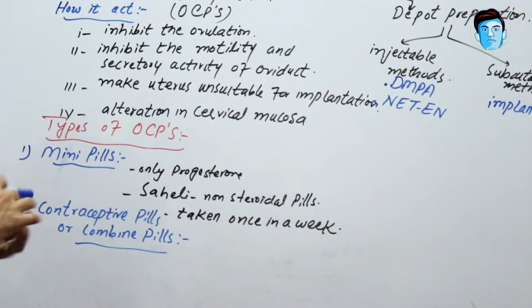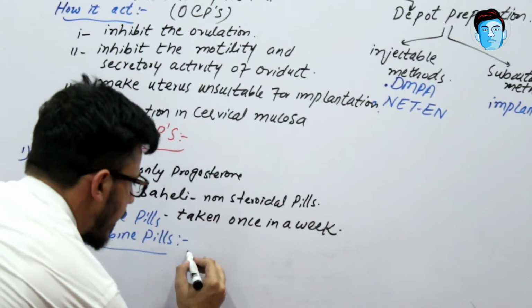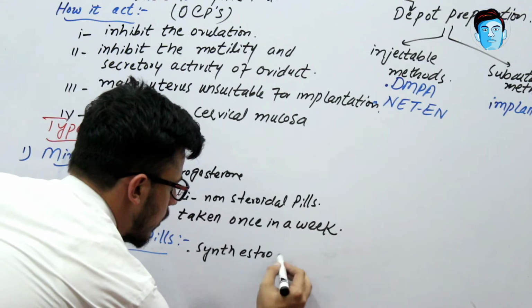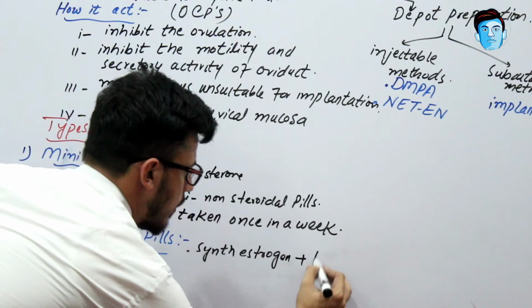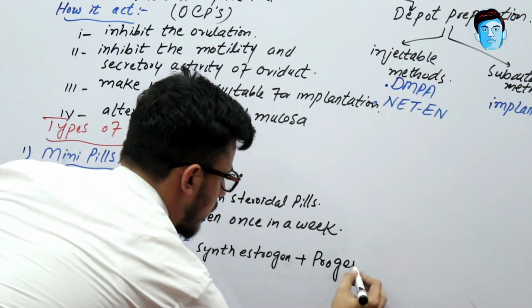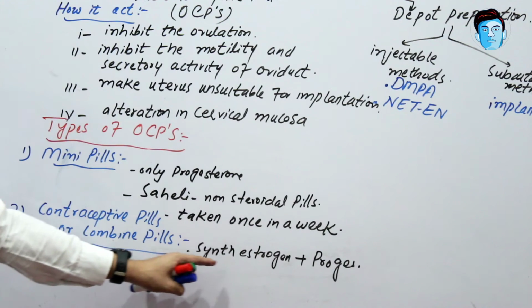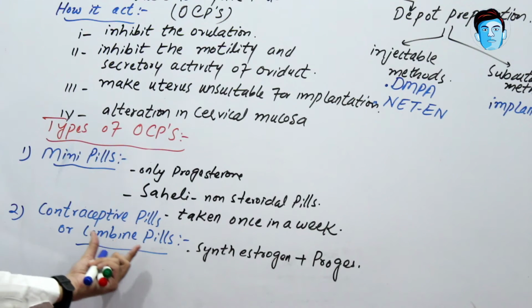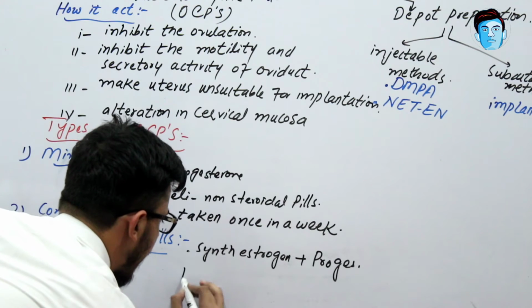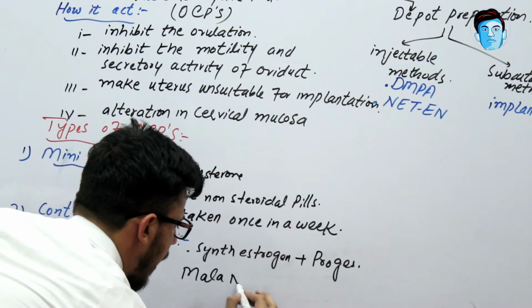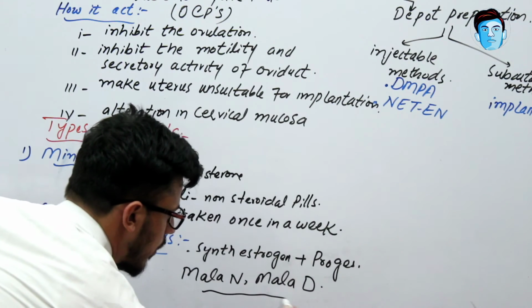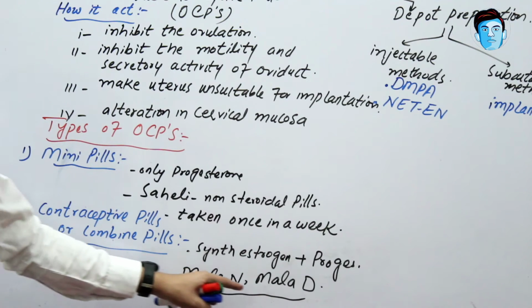The reason is that they consist of synthetic estrogen plus progesterone. The famous examples under combined pills are Mala N and Mala D. They were commonly used before, but nowadays they are basically banned.